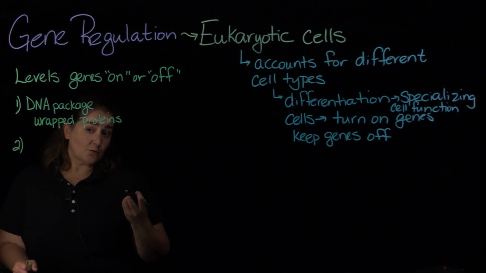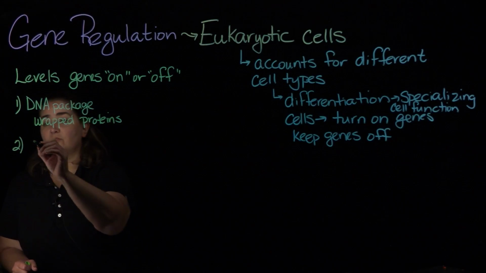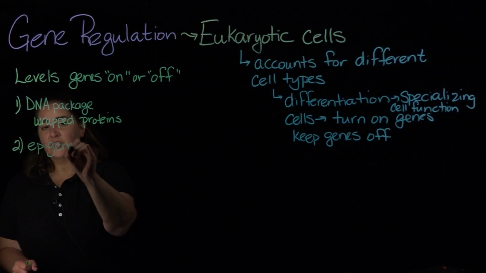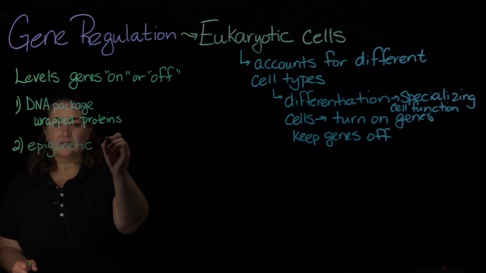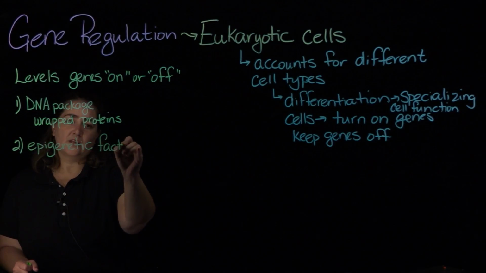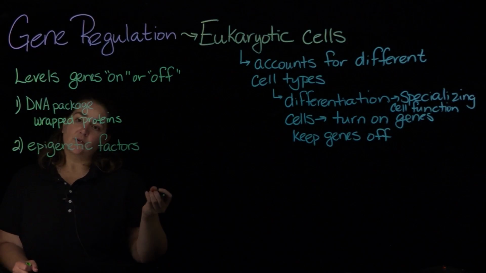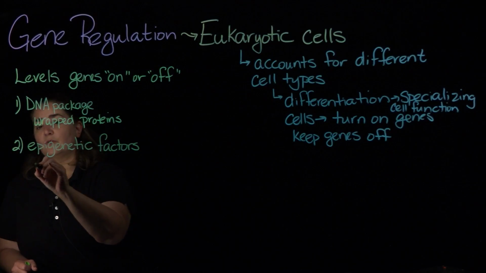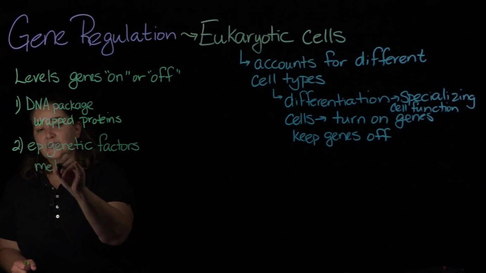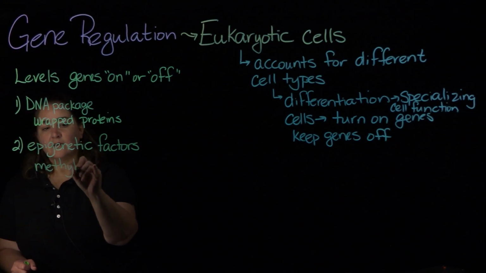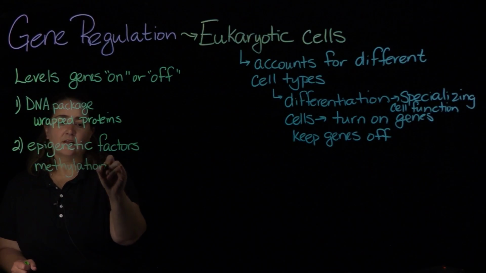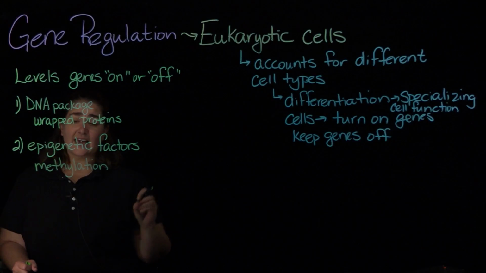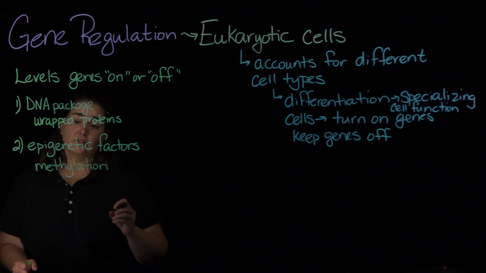We are also going to have sometimes tags that will be attached to DNA. These are going to be epigenetic factors. And I'm only going to give you one example of an epigenetic factor. There are more than just the one I'm giving you. But the process of methylation is one way for the eukaryotic cell to tag certain parts of the DNA, okay?